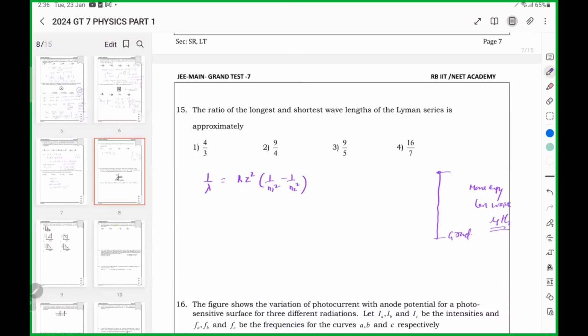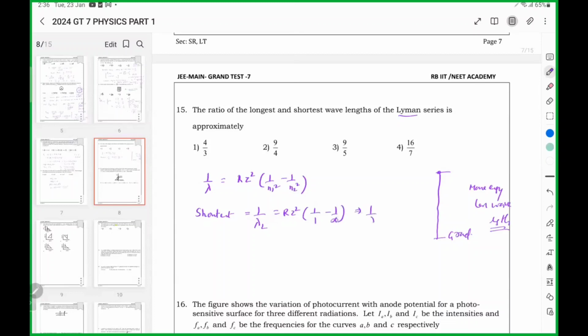So the shortest wavelength, 1 by lambda least, is in the Lyman series. N1 will be 1.